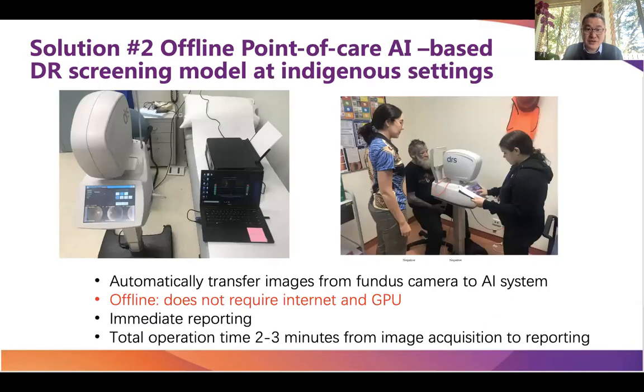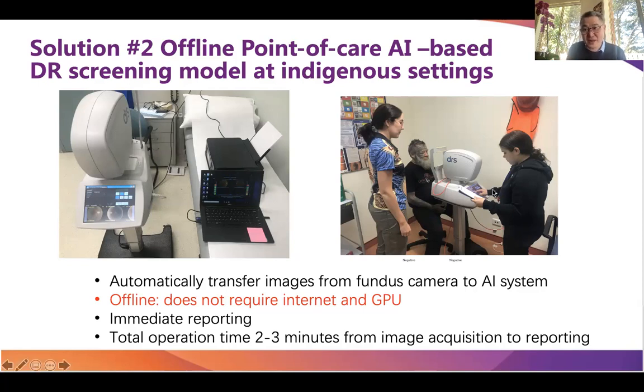Then we also developed what we call an offline point-of-care AI solution in Australia, because in Australia there are indigenous people living in remote areas, and a formal screening program highly depends on access to an eye professional. So now we use the AI algorithm to reduce the dependency on eye professionals.